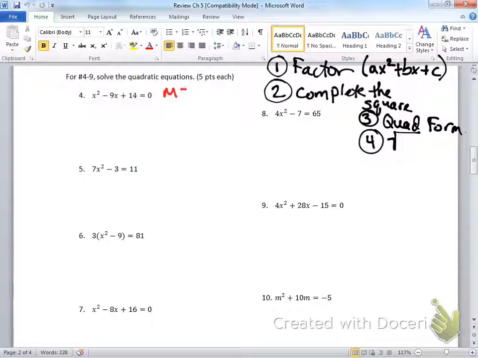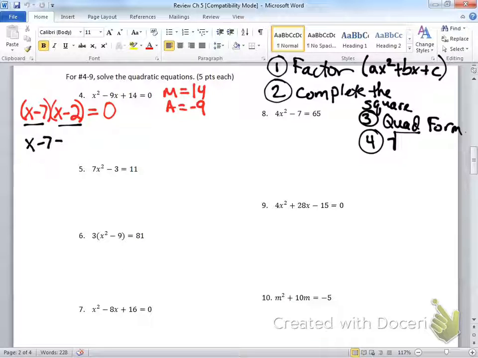Factor. Yeah, that looks like an easy MA bottoms up type question. So two numbers that multiply to 14 and add to -9: -7 and -2. So (x - 7)(x - 2) equals 0. We now use the zero product rule.